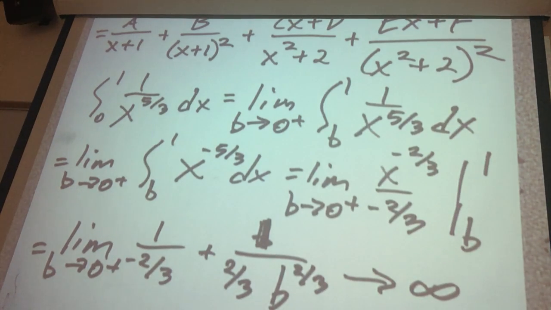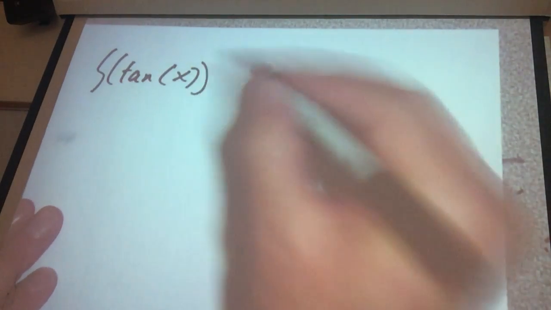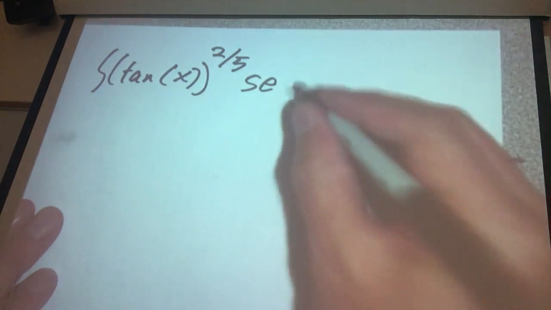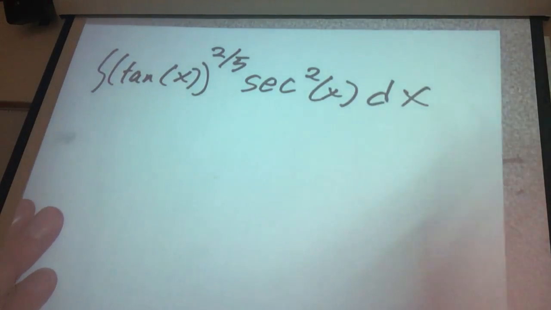Okay, last one. So let's say we had the integral of tangent of x to the 2 divided by 5 times secant squared of x dx.